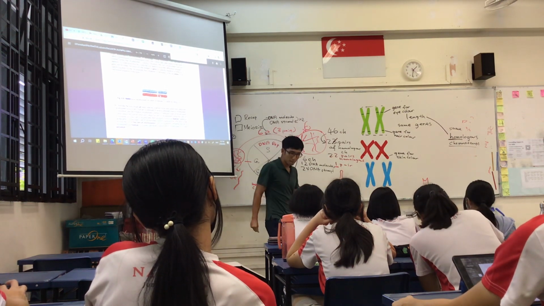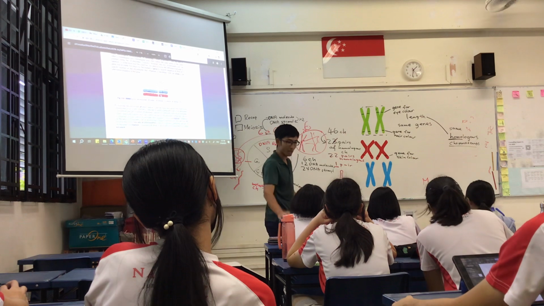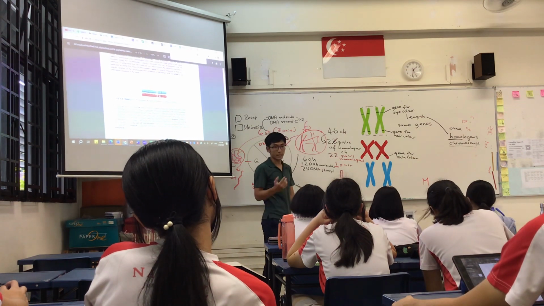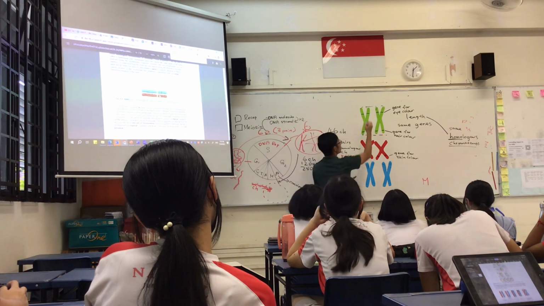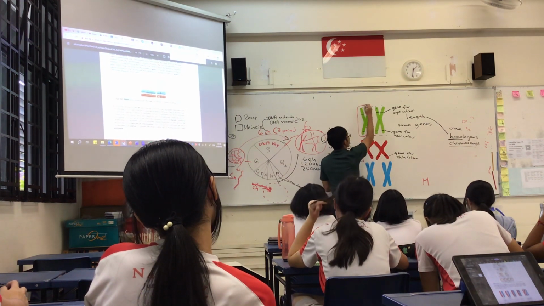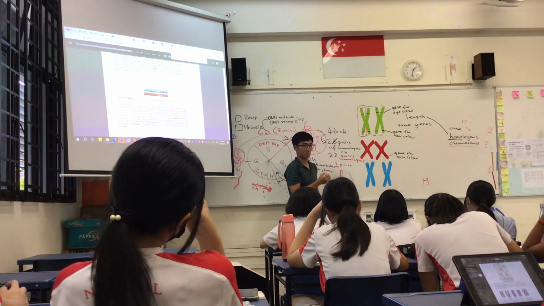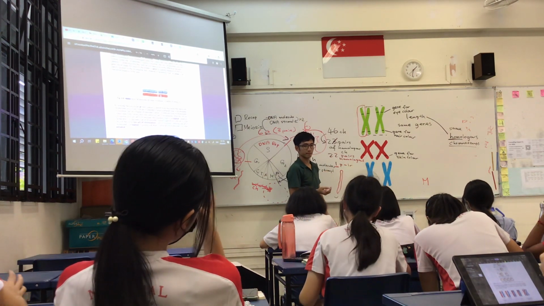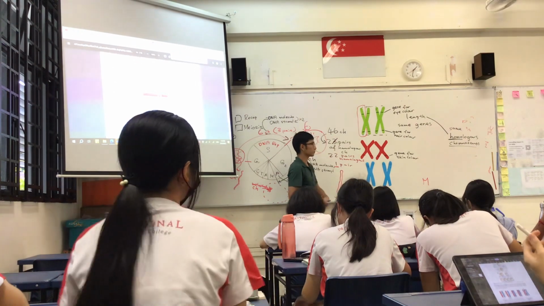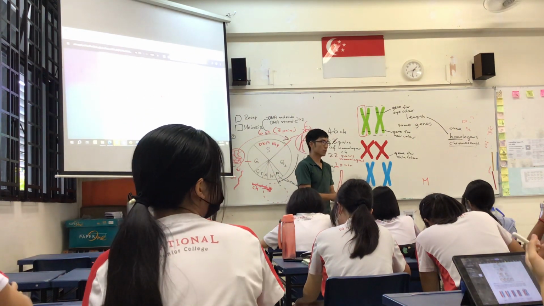Yes, Yihui. Yihui asks, when do you say chromatid? We use the word chromatid only when we want to refer to just one half of the chromosome. Whether uncoiled or coiled, you can use the word chromatid. I'll pause here for a while.